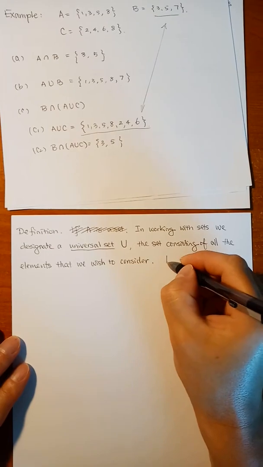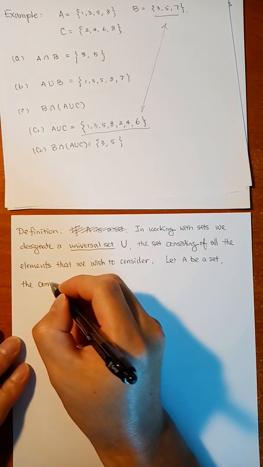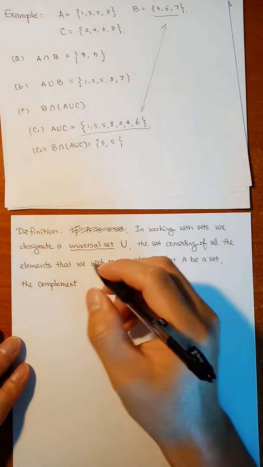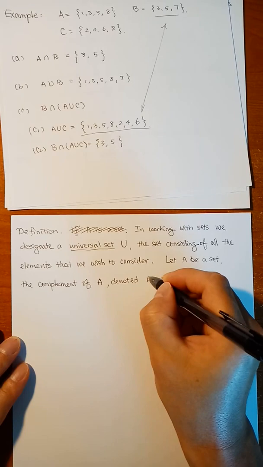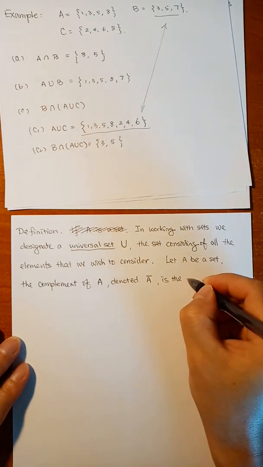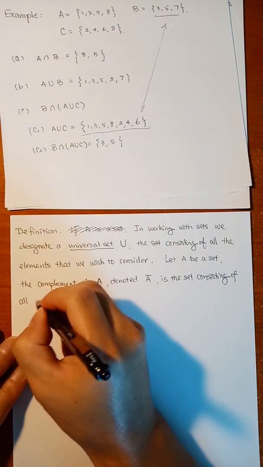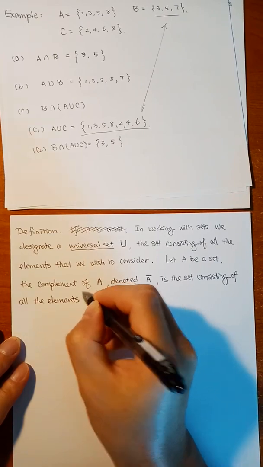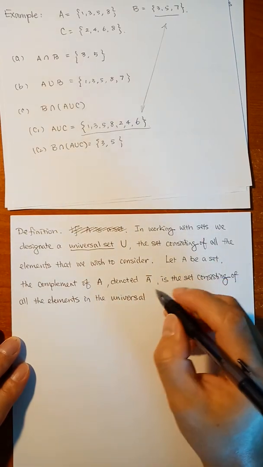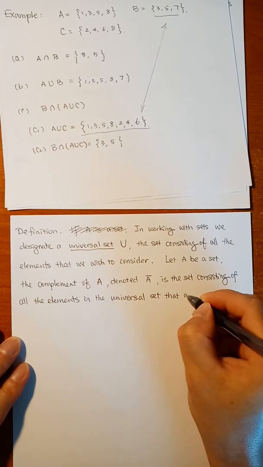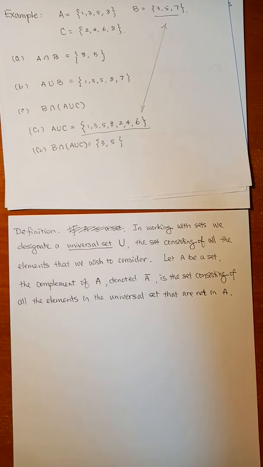Okay, so that's a universal set. And with this universal set, let A be a set. The complement of A, denoted A bar, is the set consisting of all the elements in the universal set that are not in A. In the universal set, but not inside A. So this is called the complement.